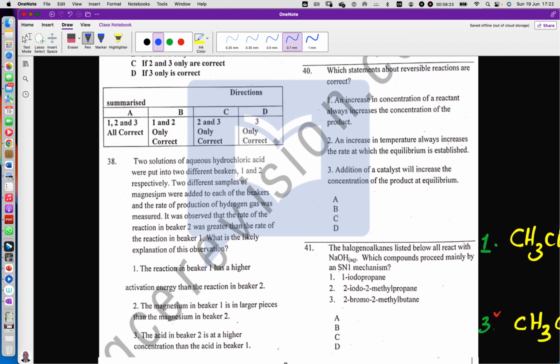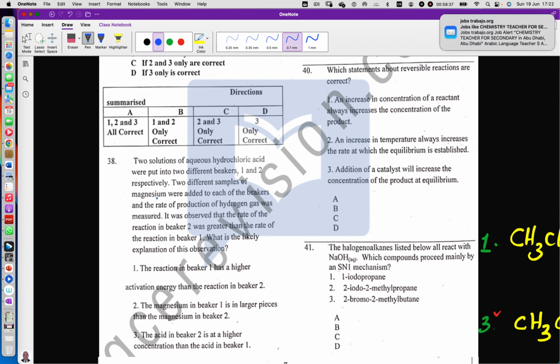Two solutions of aqueous hydrochloric acid were put into 2 different beakers, 1 and 2, respectively. 2 different samples of magnesium were added to each of the beakers, and the rate of production of hydrogen gas was measured.